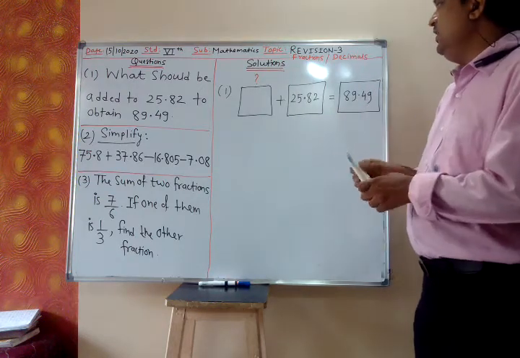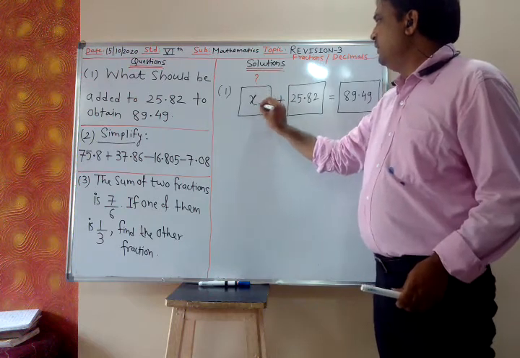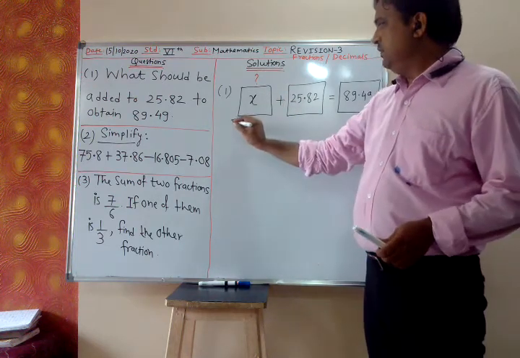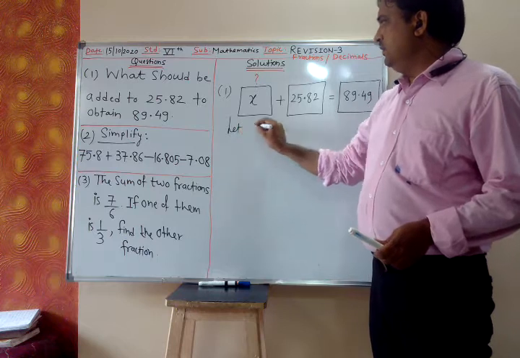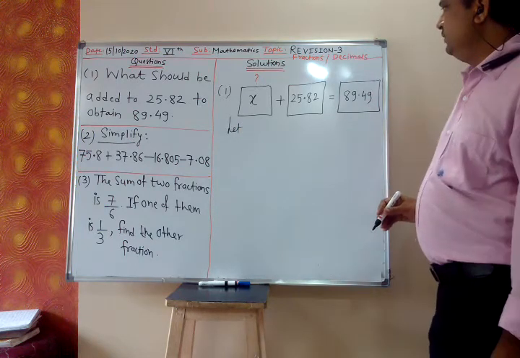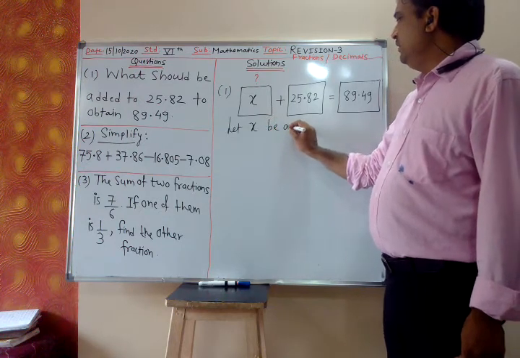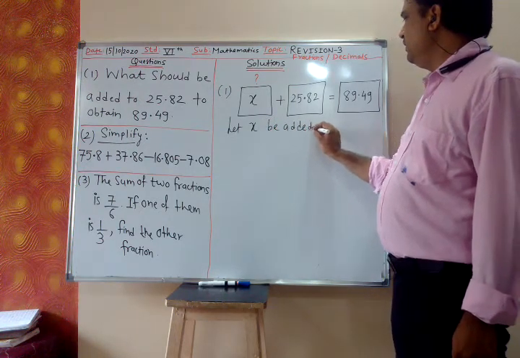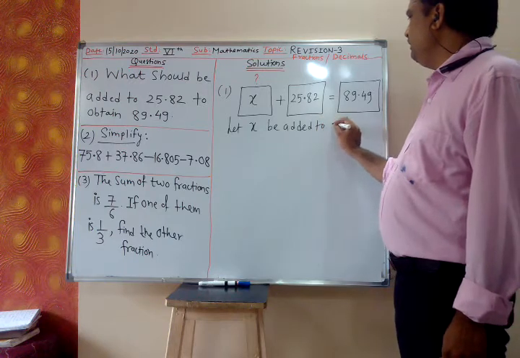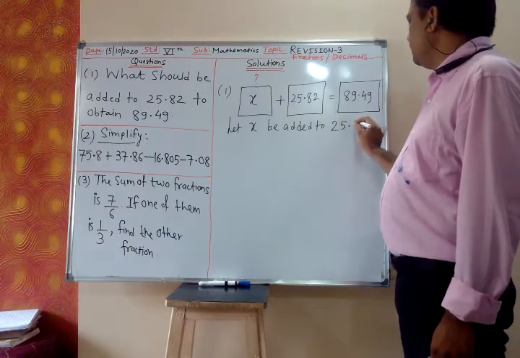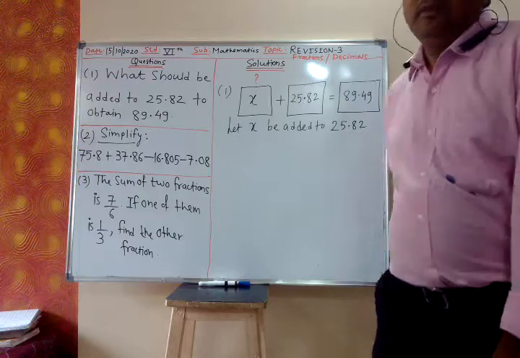So we consider let X be added. So we write let X be added to 25.82. Yes, mute the microphone.